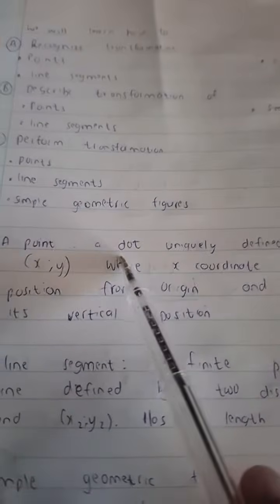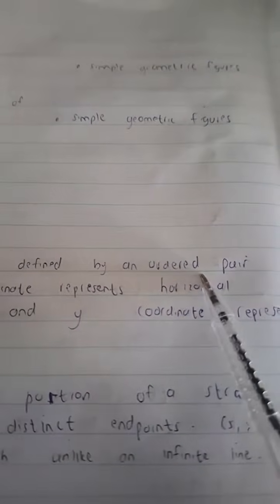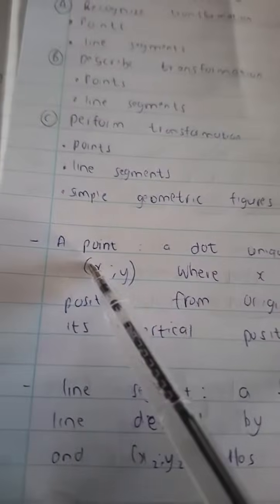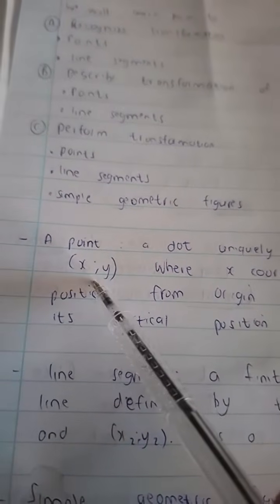Okay, let's move on. Now, we need to learn what a point is. A point is a dot, uniquely defined by an ordered pair, x and y. This is what we call an ordered pair.